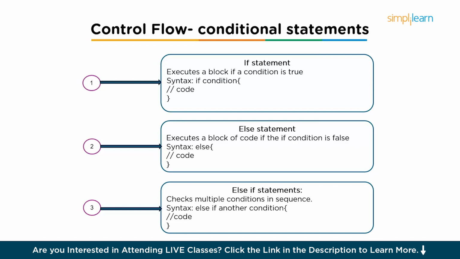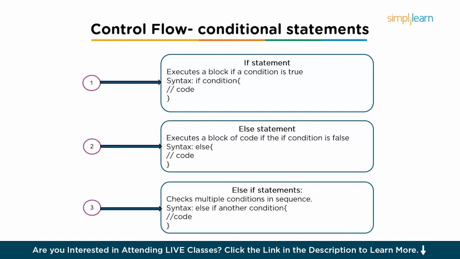You can see I've given you an example of the syntax, where the syntax is if, the condition, and open and close braces. Coming to the else statement, the else statement is used in conjunction with an if statement. It provides an alternative block of code to execute if the if statement is false. Here also the syntax is very similar. We have else and open and close braces, and between them is the code.